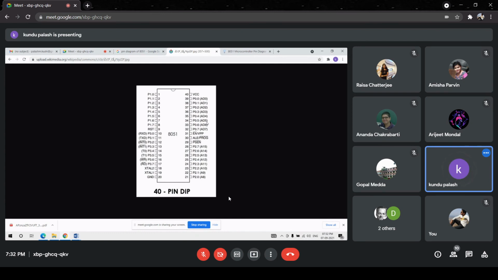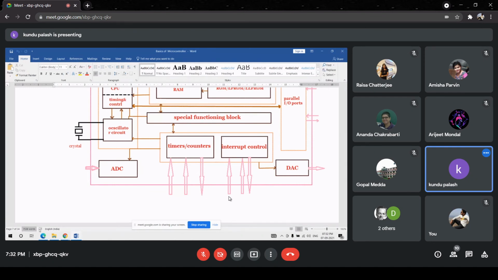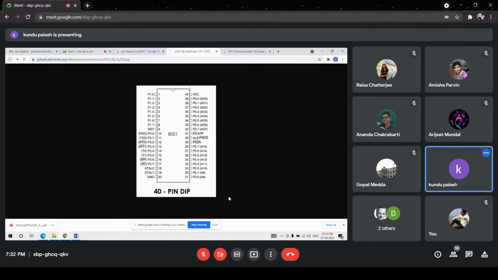That means it follows the architecture of the 8085. Why? 8085 uses address data multiplexing feature externally. The same thing. That means these lines should be multiplexed with the external circuit. What is that circuit? Address data multiplexing circuit.